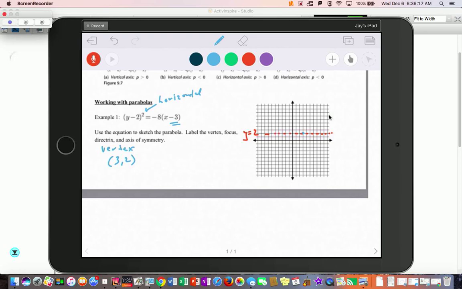Then I can take that number that sits in front of what I call the single quantity, that's to the first power. So I'm going to take 4p, set it equal to negative 8, divide both sides by 4, and it tells me that the p-value would be negative 2. Now, because it is negative and this is horizontal, I know that it's going to open to the left.